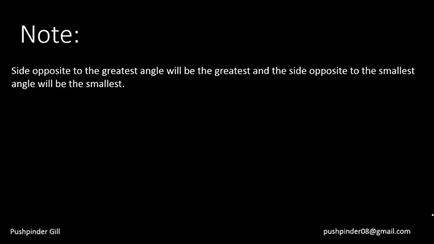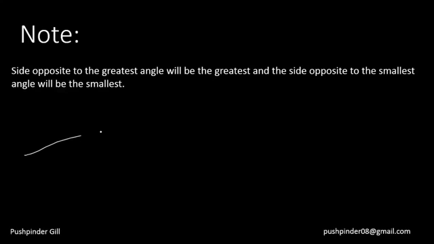Now this is very important for GRE students: the side opposite to the greatest angle is the greatest side, and the side opposite to the smallest angle is the smallest side. Or I can even say that angles opposite to equal sides are equal angles. Let me give you an example.